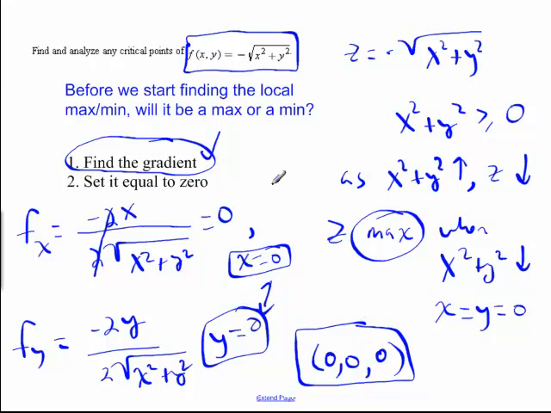And then, will it be a max or a min? We already answered that. It's going to be a max. We know it's going to be a max because for any value of x and y bigger than 0, the negative in front is going to make my z be negative.